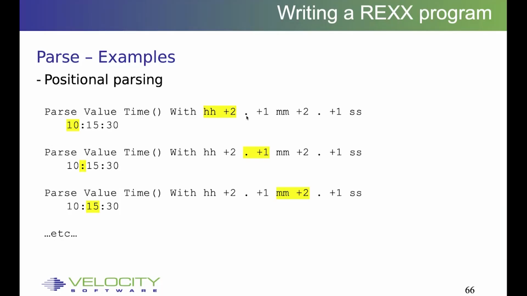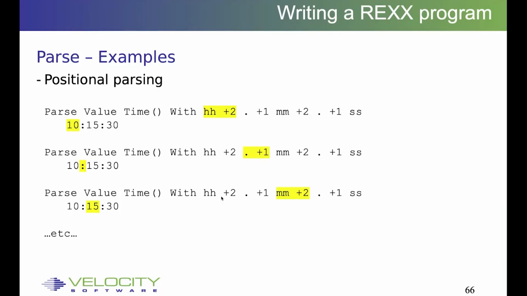We have a throwaway character. That's what this period indicates. One and then incrementing one character. So we're going to throw away the colon and increment our pointer to the 15. And then we're going to go two more characters and put whatever is in those two characters into MM.